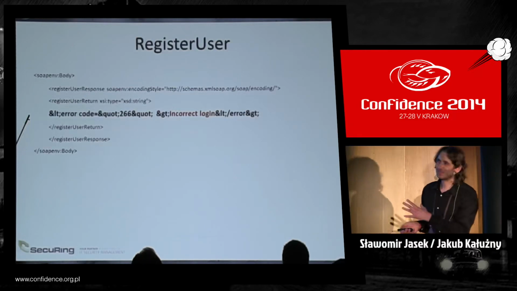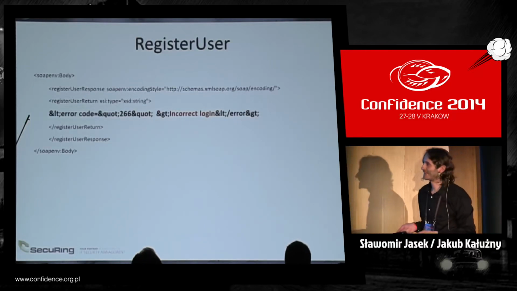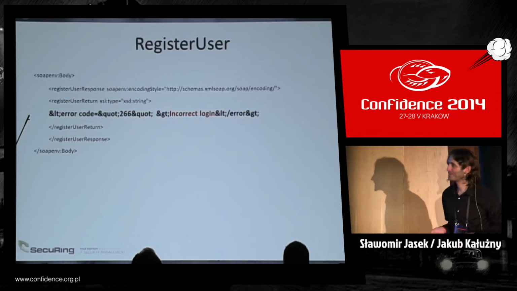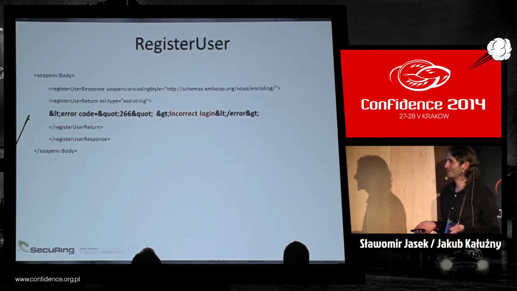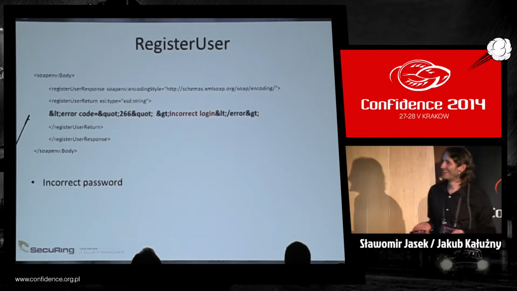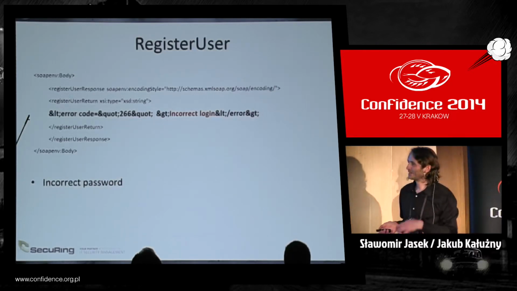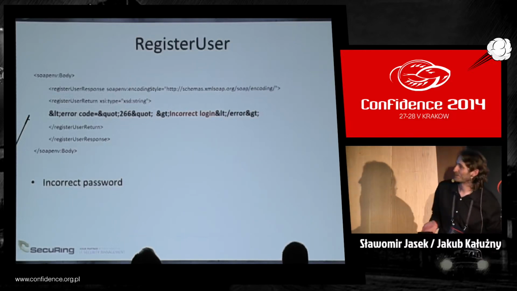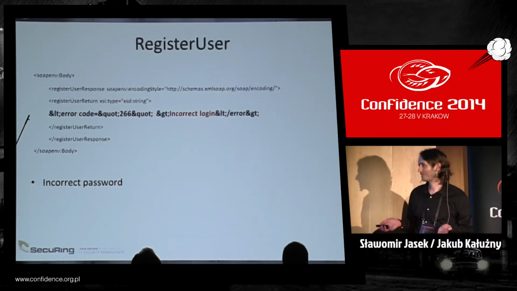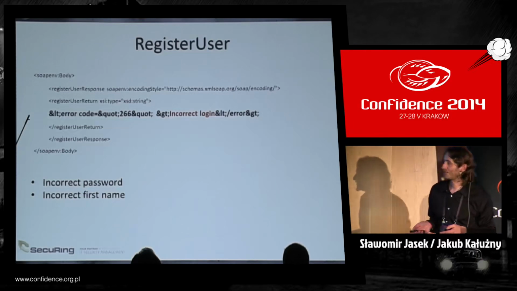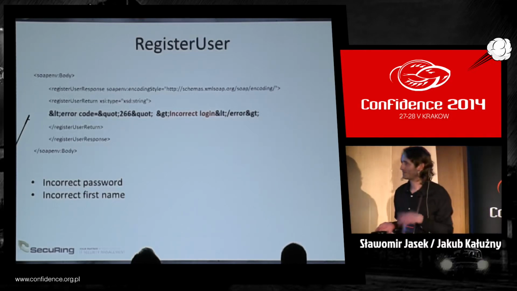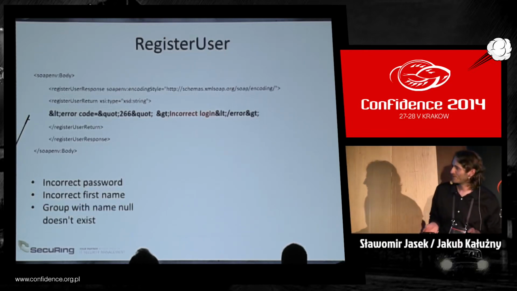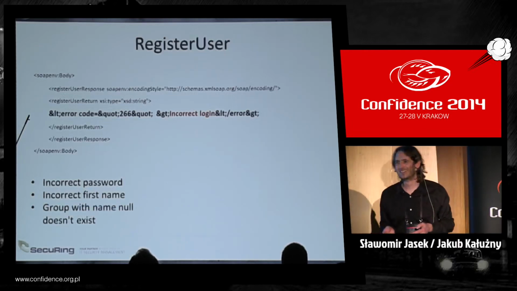Well, that didn't mean that we were not authenticated. This response means that we didn't pass the login parameter. We added the login parameter and we got the error incorrect password. We added the password parameter to the call. We got incorrect first name. We added first name, last name. We got that the group with that name doesn't exist.